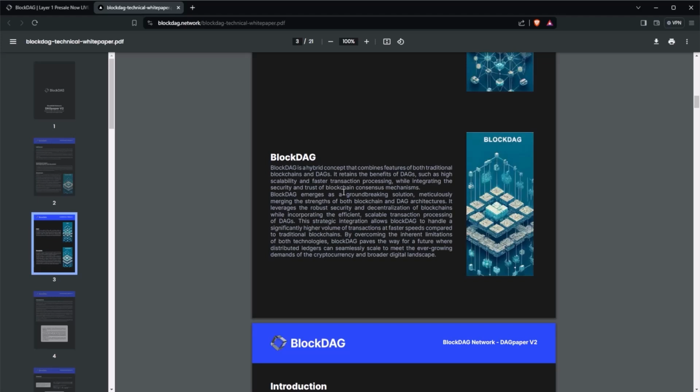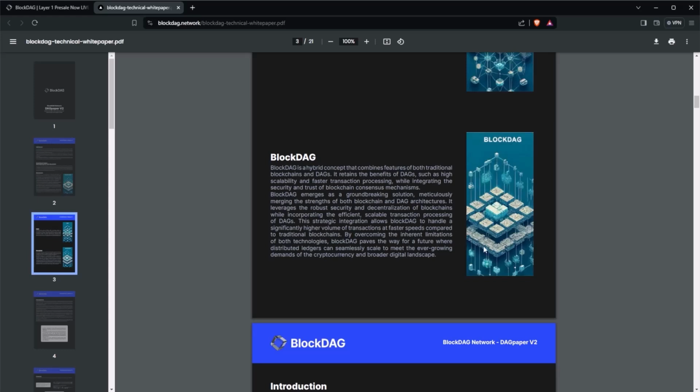BlockDAG emerges as a groundbreaking solution, meticulously merging the strengths of both blockchain and DAG architectures. It leverages the robust security and decentralization of blockchains while incorporating the efficient, scalable transaction processing of DAGs.